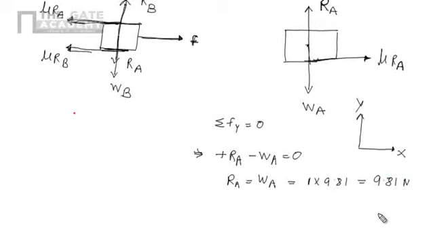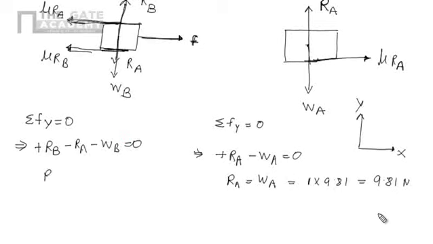Now we can apply condition number 1, that is, the algebraic summation of all vertical forces should be 0. So here we can write plus Rb minus Ra minus Wb equals 0.